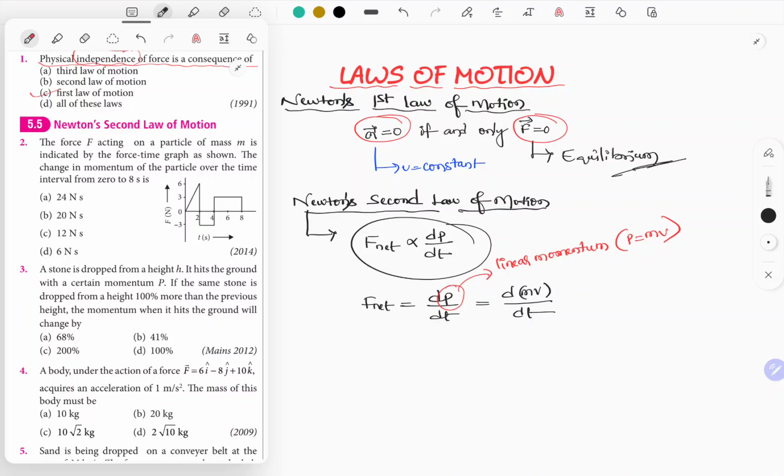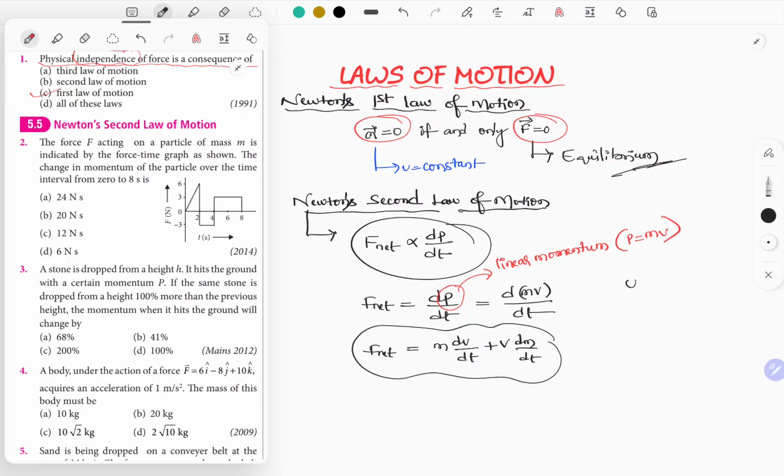If both m and v are variable with respect to time, I can write this formula as F net, which is nothing but the net force acting on the system, is equal to m into dv by dt plus v into dm by dt.